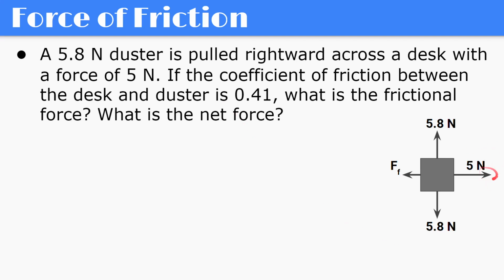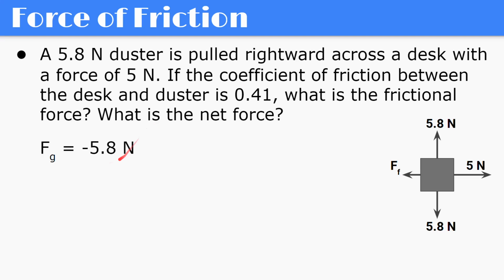So my force of friction can't be more than 5. It could be 5, and that of course would mean that my duster was either moving at constant speed or not moving. It could be 5, but it can't be greater. There's no such thing as having friction greater. It opposes the motion, and so it's always either less than or equal to. So I drew my arrow shorter, but it could technically be the same length. I don't know without calculating it.